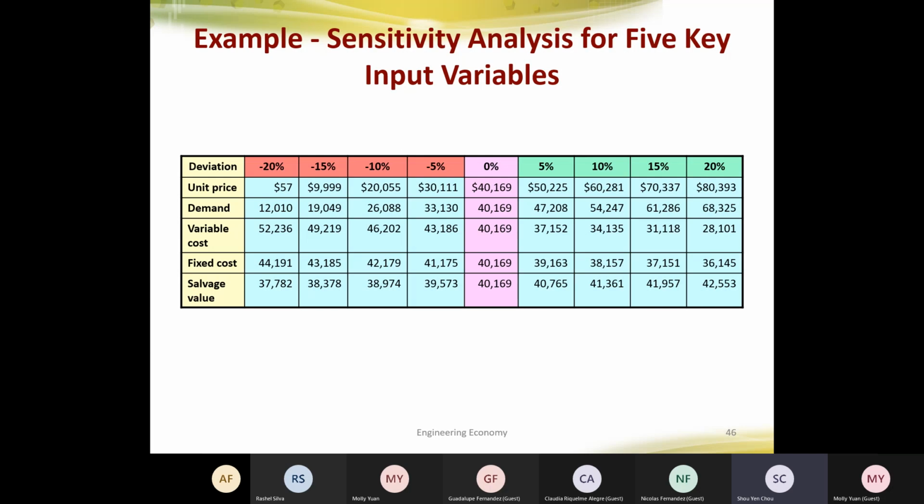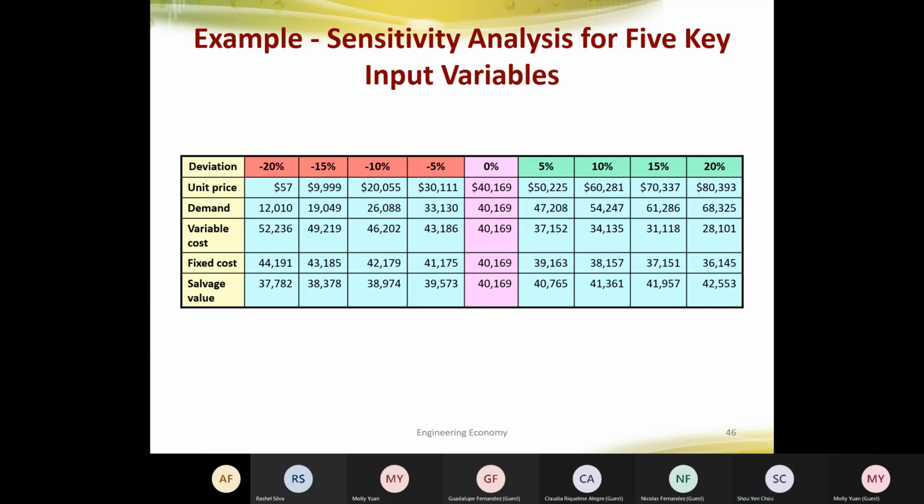If the unit price is in fact 5% lower, 10% lower, 15% lower, 20% lower, or it could be 5% higher, 10%, 15, and 20% higher, what will be the net present worth, or NPV, net present value, right?